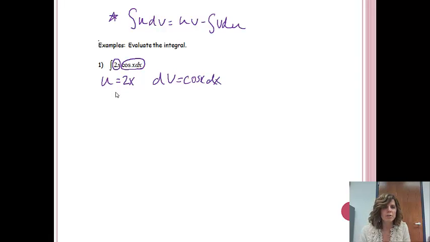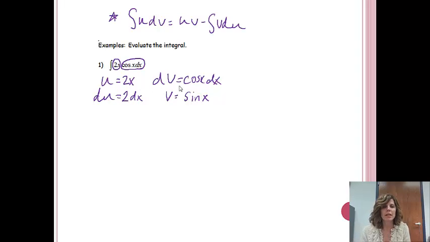Now the next thing I need to find: if I have u, I need du, which is just the derivative of u. The derivative of 2x is 2 dx. And if I have dv, I want v, so I'm going to take the integral, and the integral of cosine is sine.